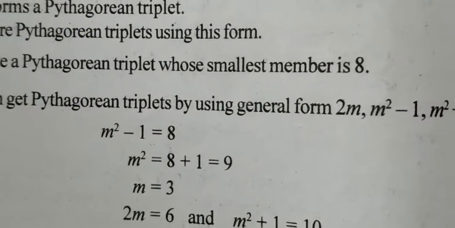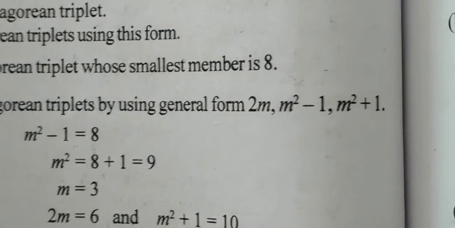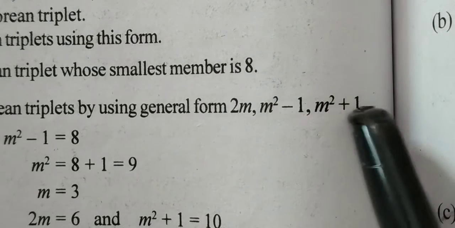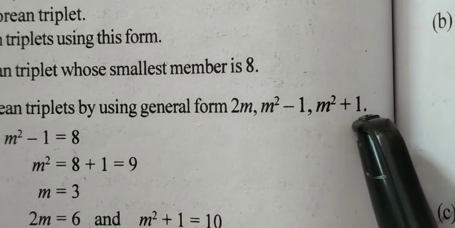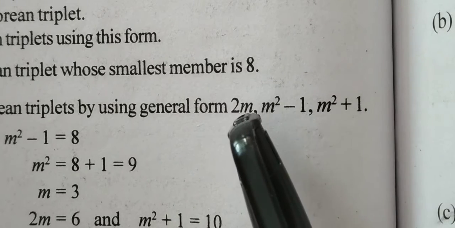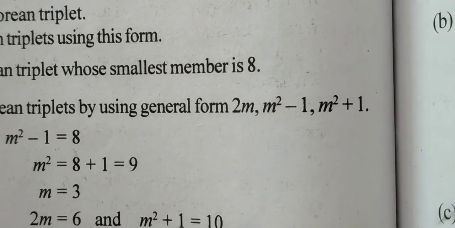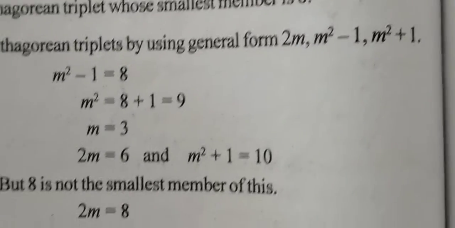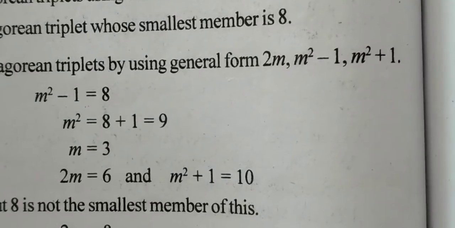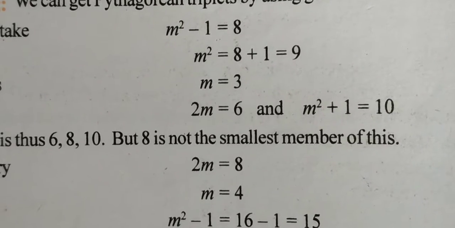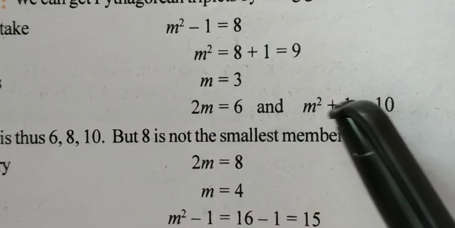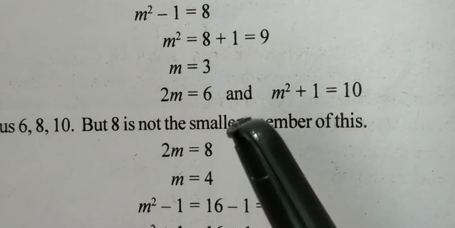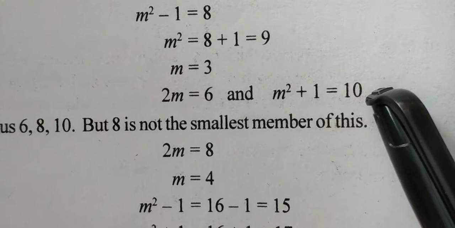Now using the value of m and the general form of the Pythagorean triplet, that is 2m, m square minus 1, m square plus 1, we substitute the value of m to get the three numbers. 2m, 2 multiplied by 3, is equal to 6. Now m square plus 1 is equal to 10.